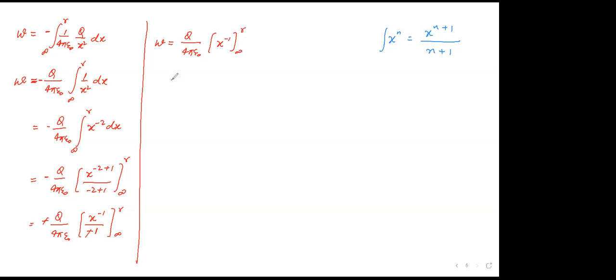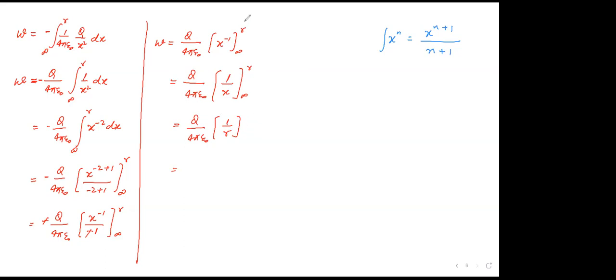First of all, we are going to change it into this format. X to the power minus 1 can be written as 1 over x, from infinity to r, and Q over 4 pi epsilon naught. This 1 over x will be 1 over r.